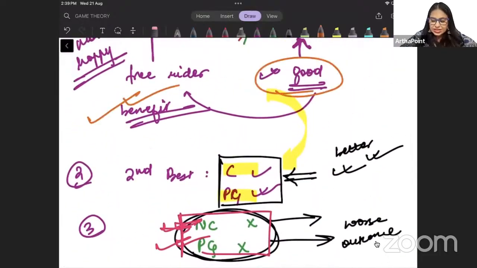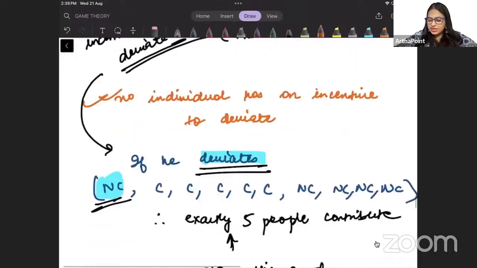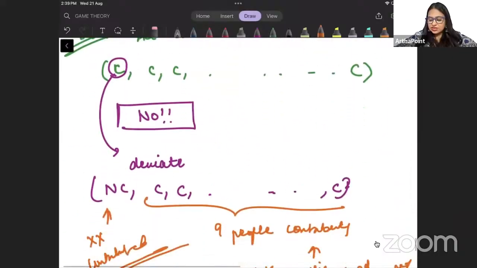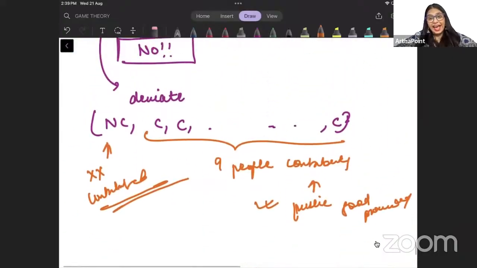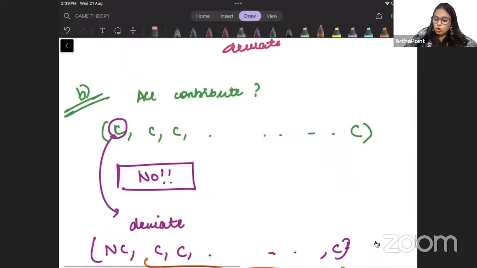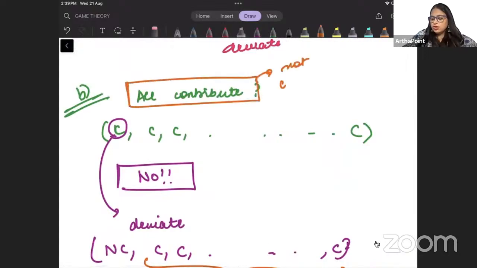When he is getting the public good and he is not contributing, why will he go to outcome number 2, where he contributes and gets the public good? There is no reason, right? So we can say here that he has an incentive to deviate. So all people contributing is not a Nash equilibrium in this case.